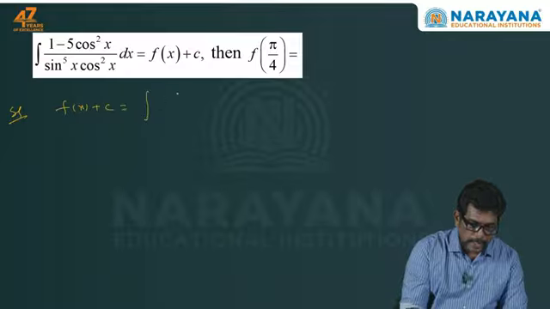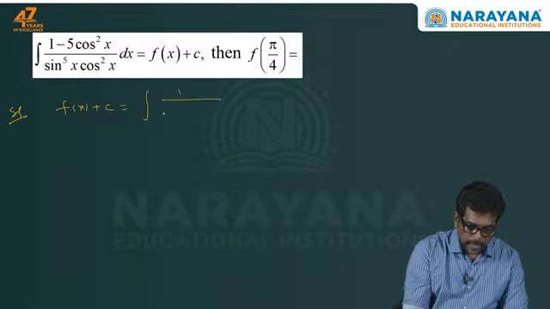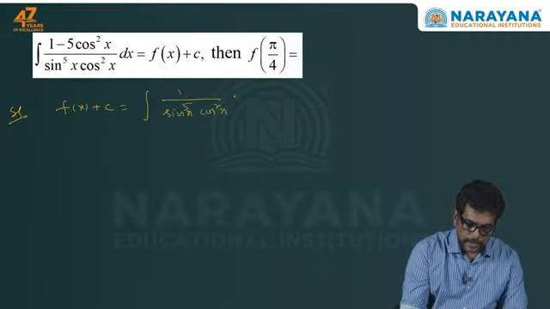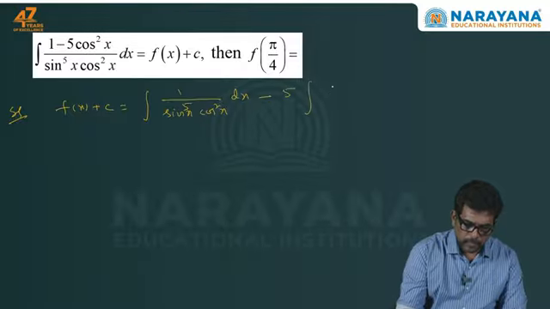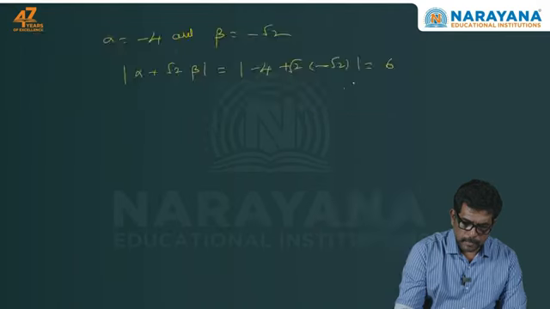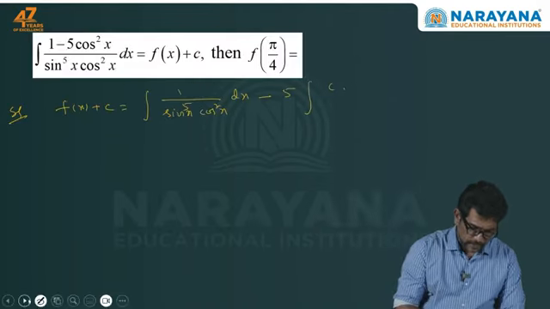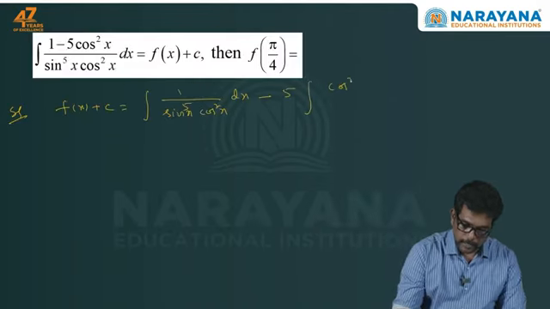So the integral, I am writing this as integral of 1 by (sin x) whole to the power of 5 into cos square x dx minus 5 times integral of cos square x by (sin x) whole to the power of 5 into cos square x dx.